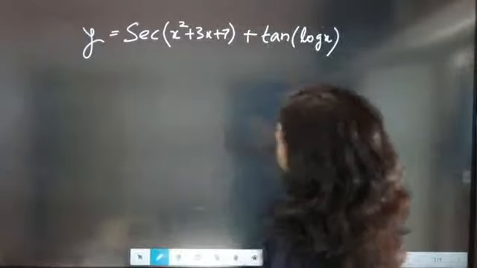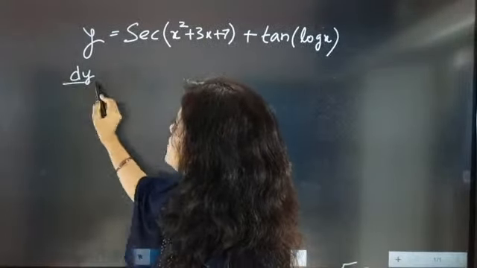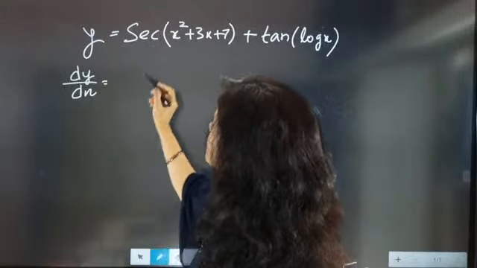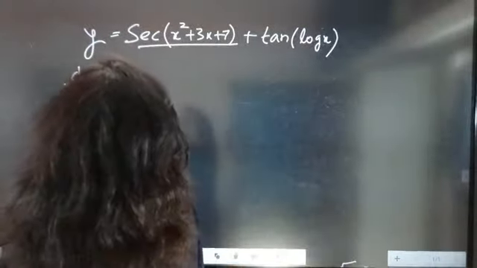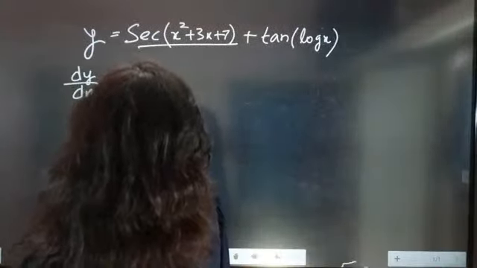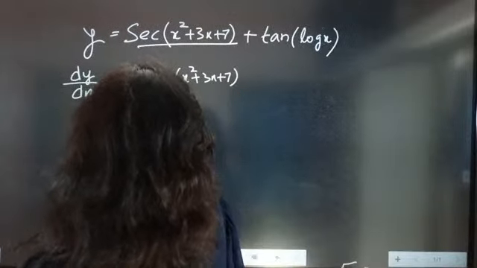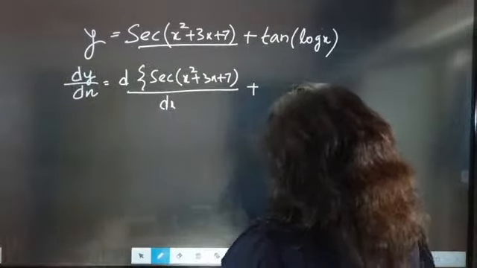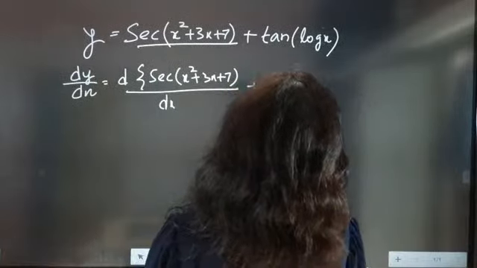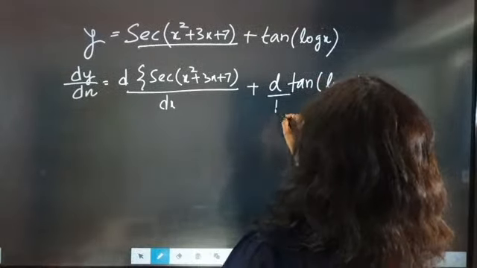Now look here. When you apply the chain rule, dy by dx becomes d of secant of x square plus 3x plus 7 by dx, plus d of tan of log x by dx.